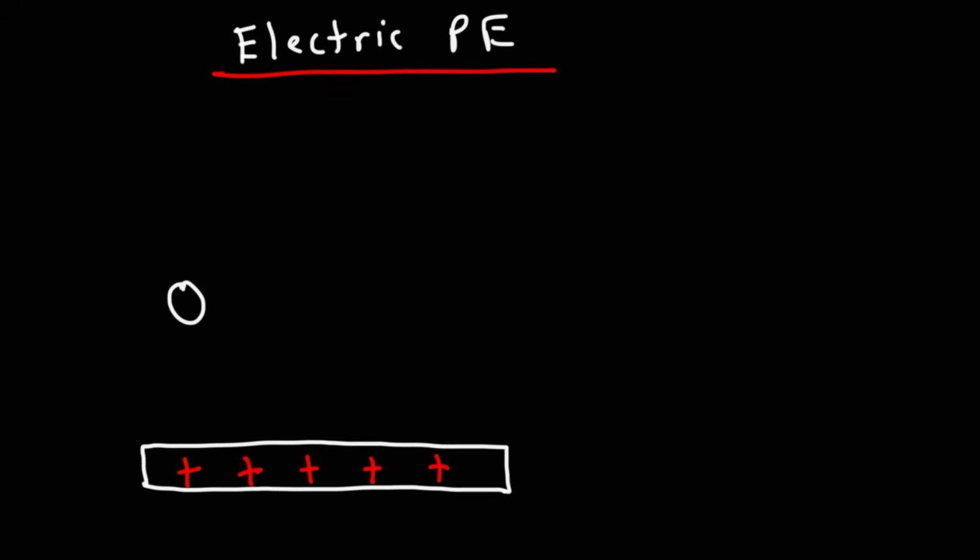We'll call this charge number 1 and charge number 2. Looking at these two charges, let's say they have the same magnitude of charge. Which one will have a higher electric potential energy? Charge 1 or charge 2? What would you say?